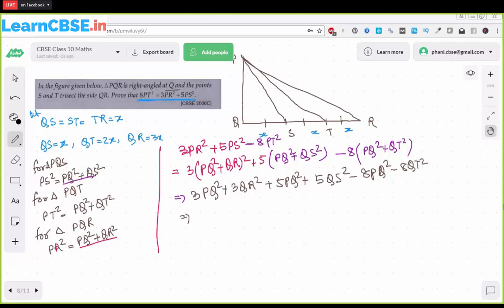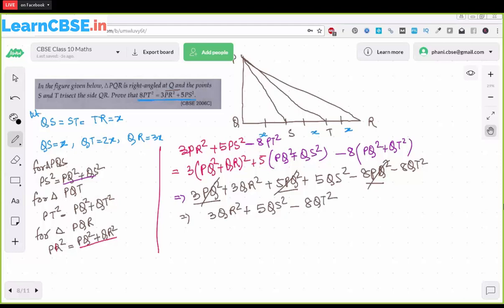So 3 PQ square, 5 PQ square, 8 PQ square, they get cancelled. So we are left with 3 QR square plus 5 QS square minus 8 QT square.